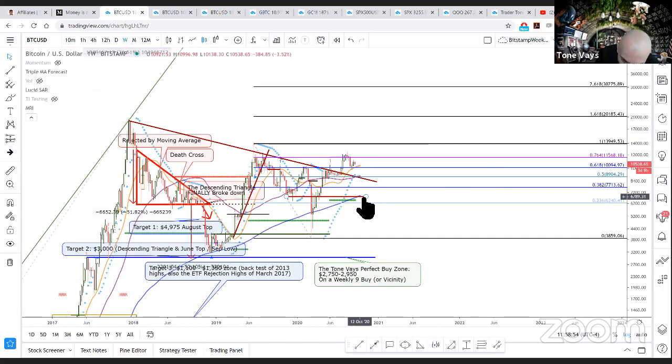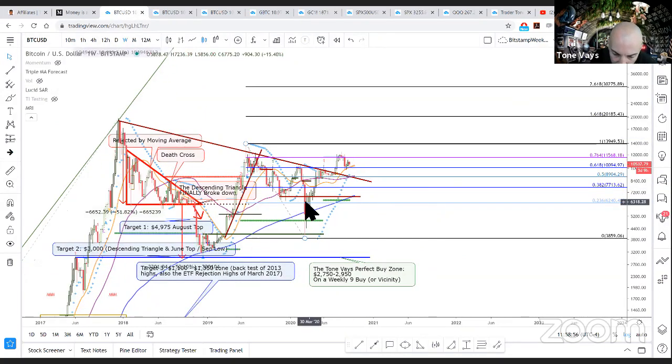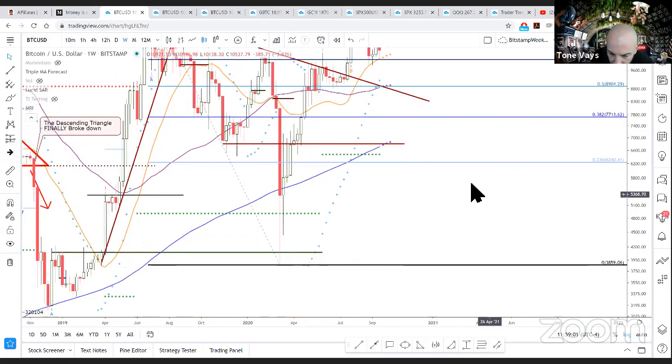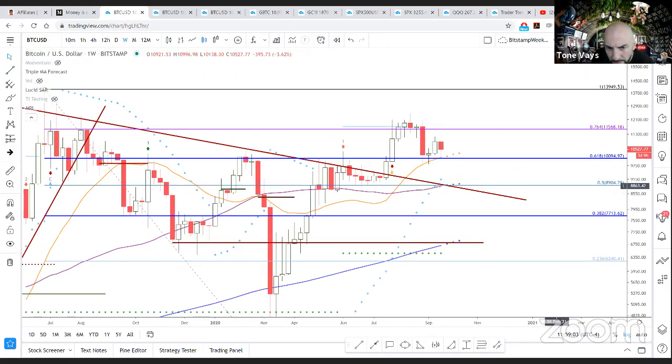But we will eventually fall to this moving average. Magnetic, yes, MRI does stand for that, but it also stands for the momentum reversal indicator.